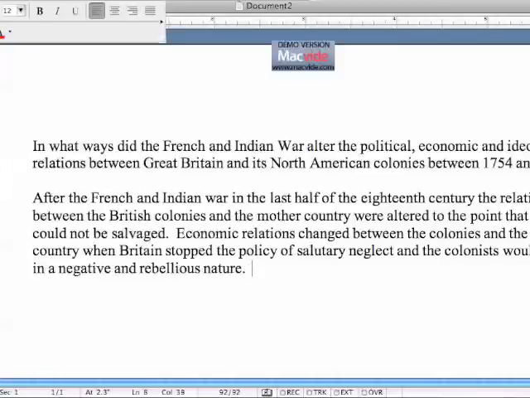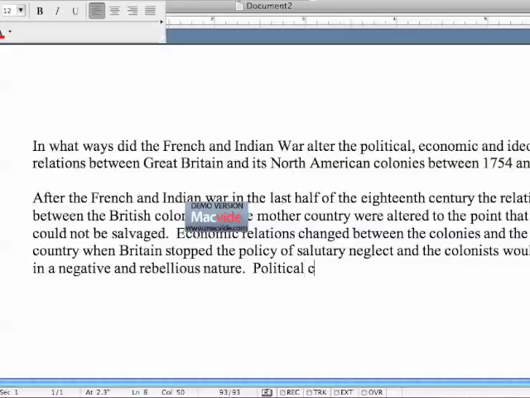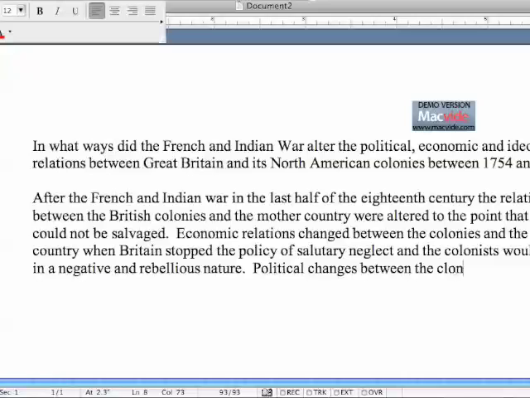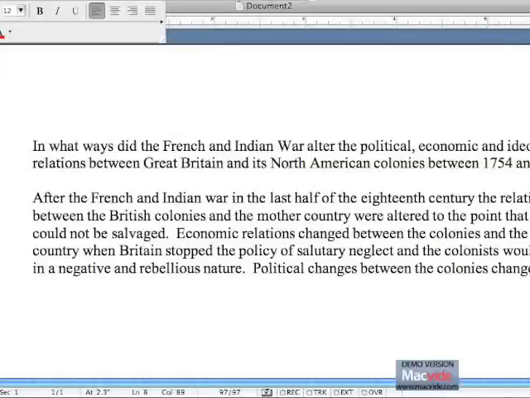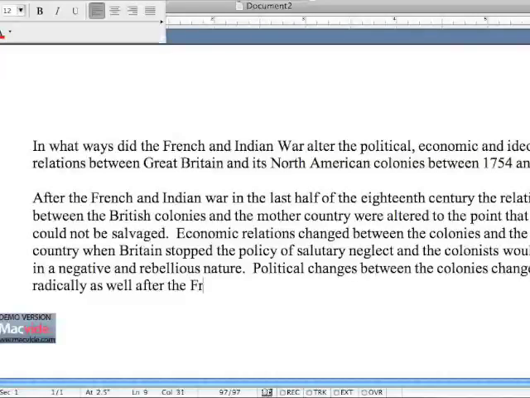Now from there, I'm probably going to go to political changes. Political changes between the colonies, oh boy, I'm having a hard time typing today, changed radically as well after the French and Indian War.